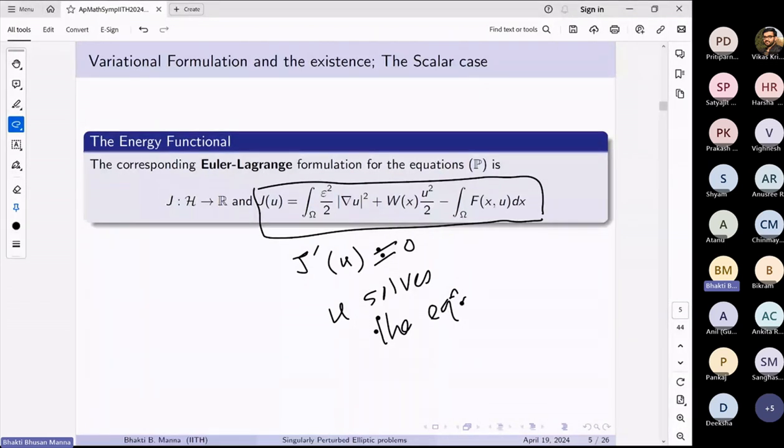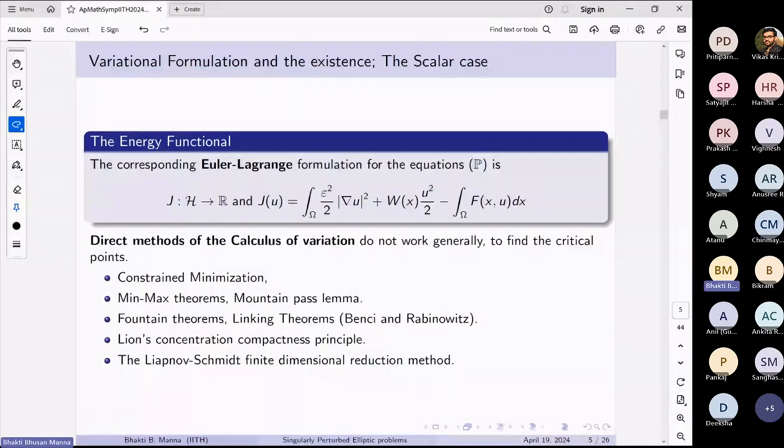So there are several other methods which mathematicians have developed over decades, and these are some of those methods. Each of the methods has its own strength. These methods solve different kinds of nonlinear elliptic PDEs.